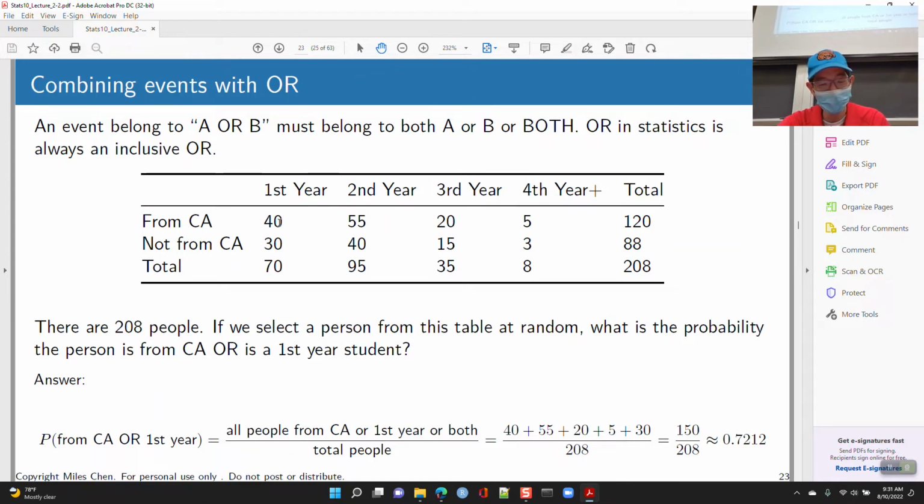We've got the 40 first-year Californians, 55 second-year, 30 third-year, and 5 fourth-year students. Plus, it's from California or a first-year student, so we also include these 30 first-year students who are not from California, and we get a total of 150 people. 150 out of 208, so something around 72%.